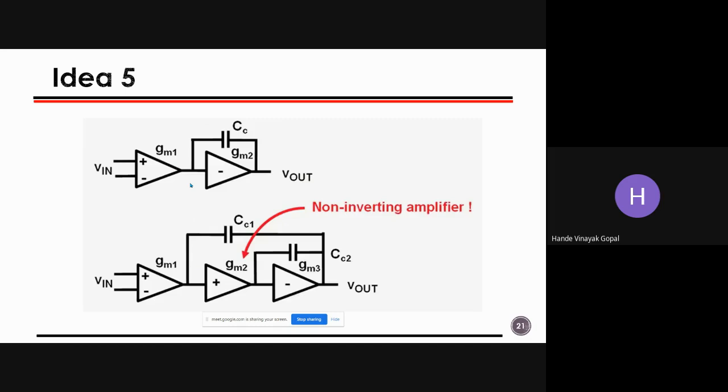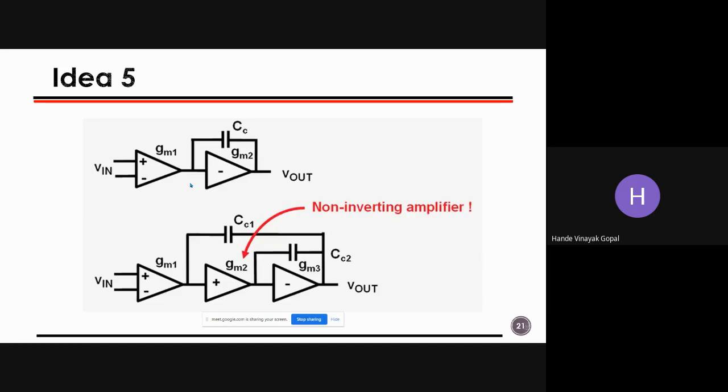In idea 5, what we are doing is just cascading the circuit, right? If I get some amount of gain from a first block or first stage, then I'll connect the next stage or second stage to that, so that the overall gain will be GM1 into R1 into GM2 into R2, and further, the moment I start cascading the things, I'll get huge gain at the end, right?